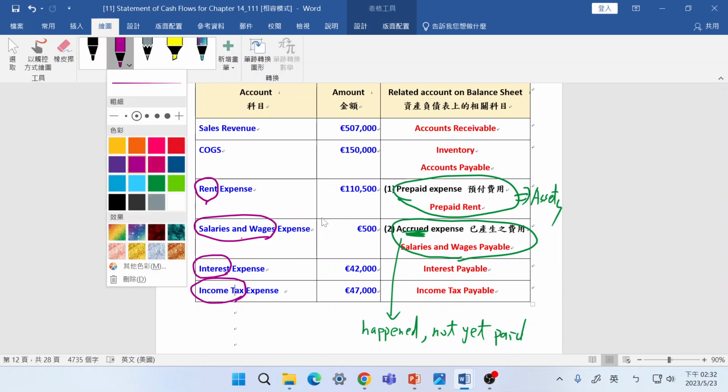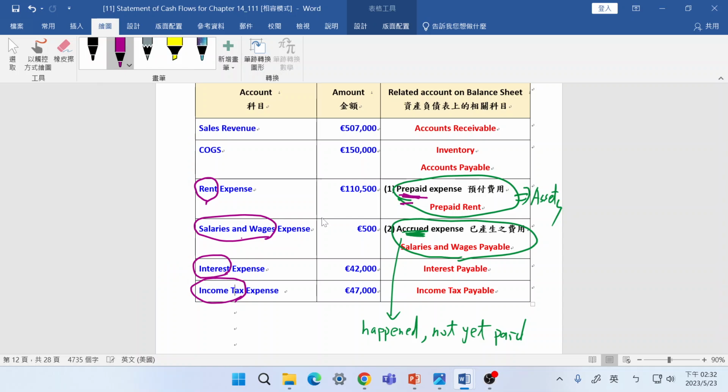Prepaid rent, did you pay? Yes, prepaid. So did you pay? Yes, you paid already. Okay? Any questions? Max. Yeah, what? Prepaid rent is assets. Accrued expenses is assets? Of course not.